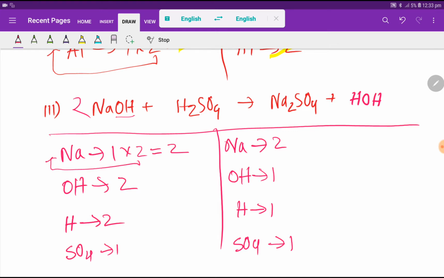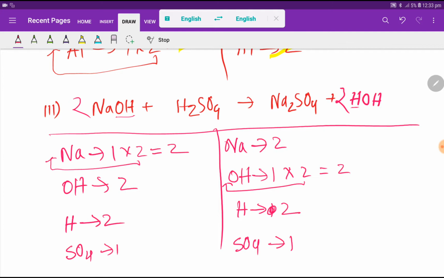Now look, sodium is balanced but hydroxide is not balanced. So to balance the hydroxide, what can you do? You can multiply here by 2, that gives you 2. This 2 must come before this hydroxide ion, that is here. If you place here 2, the number of hydrogen will be changed. So you have to write 2 hydrogen.